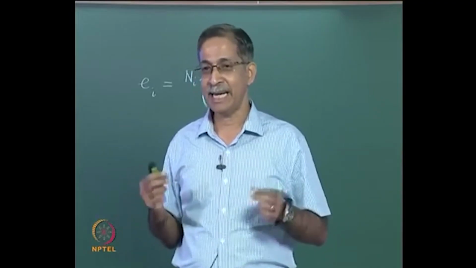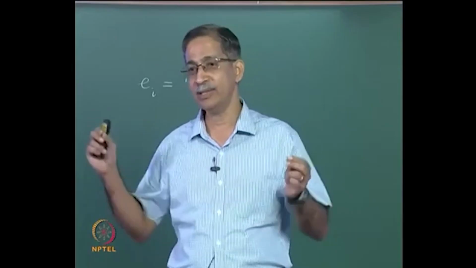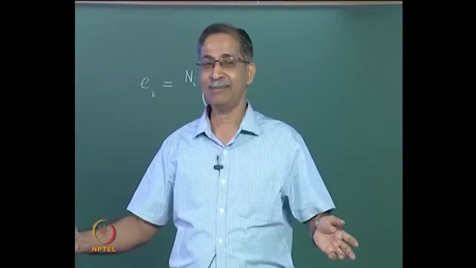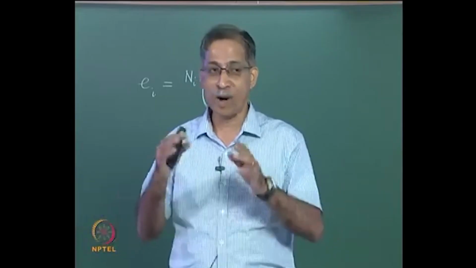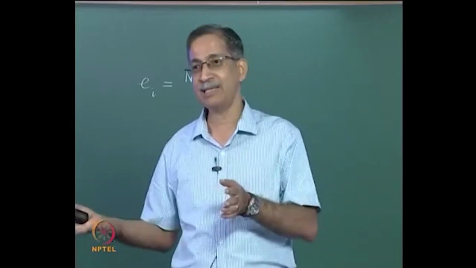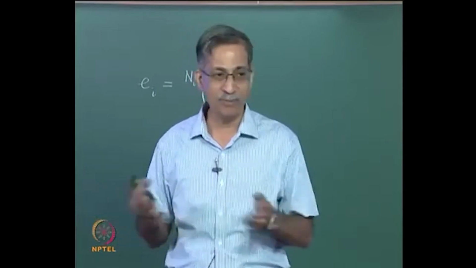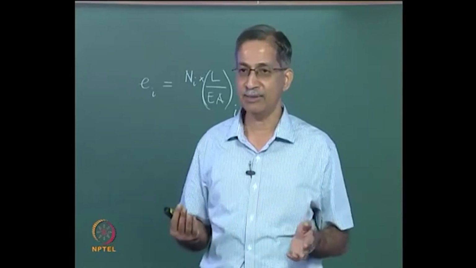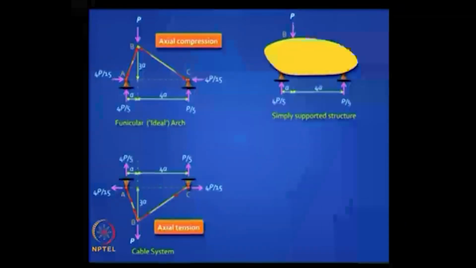So a cable will always assume a funicular shape for a given loading, but an arch is something that you make, at the most you can make it funicular for one loading, but when some other loads act on that arch, it will be non-funicular. There will be bending moments and shear forces in addition to the axial forces. This is important to understand.